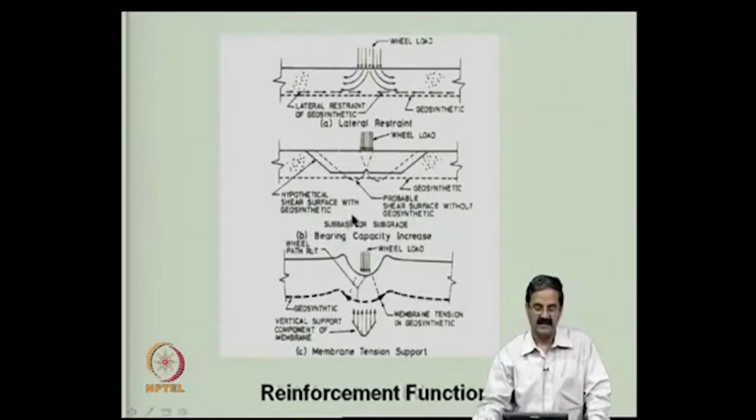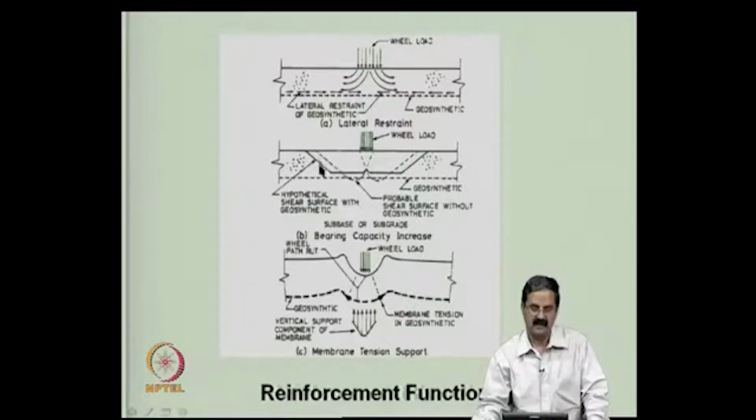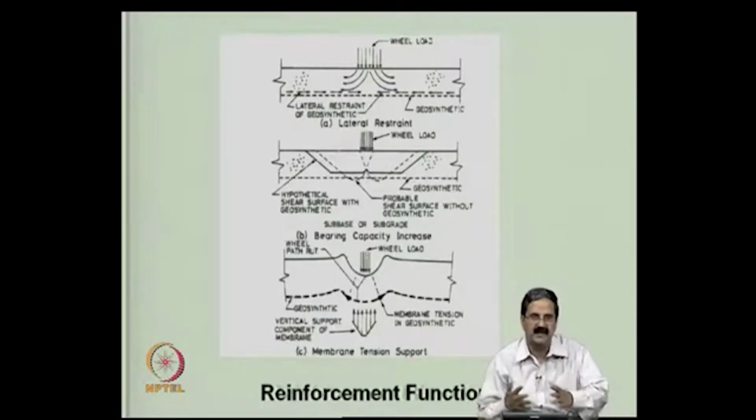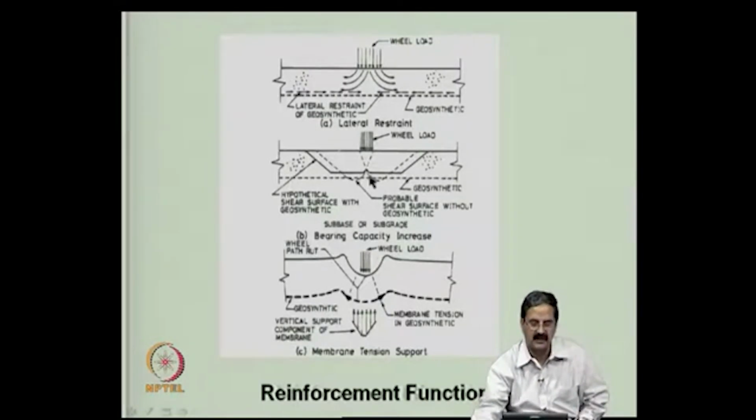The second thing is that we assume some sort of failure mechanism like this, a bearing capacity failure mechanism, and if you put a reinforcement here, there is a possibility that this failure surface gets altered. It is a new failure surface which can be different, and the shear resistance along it can be much higher, because it gets deflected away from the original one.